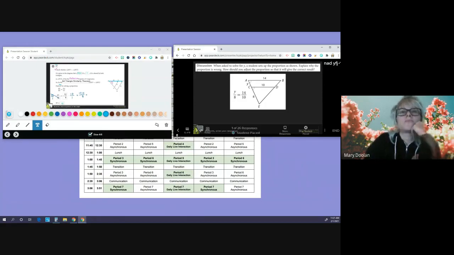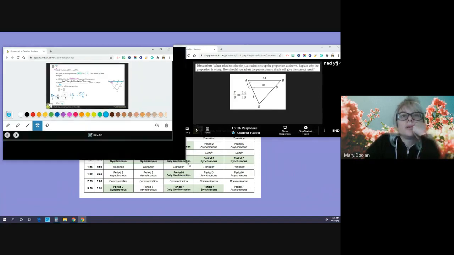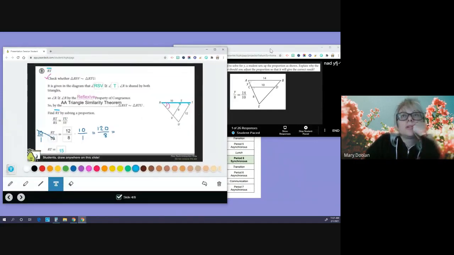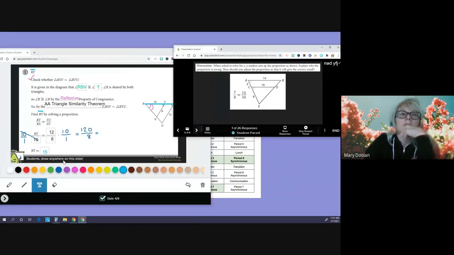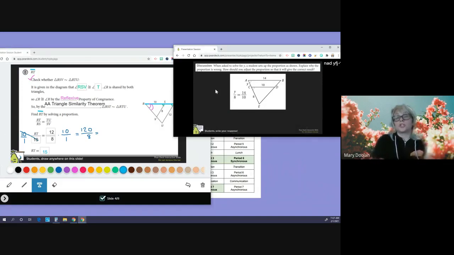So once you're done copying down whatever it is you're copying from the last slide, you're going to go to the next slide, which is slide 5. And it says here, when asked to solve for y, a student sets up the proportion as shown. Explain why the proportion is wrong. So they made a mistake.